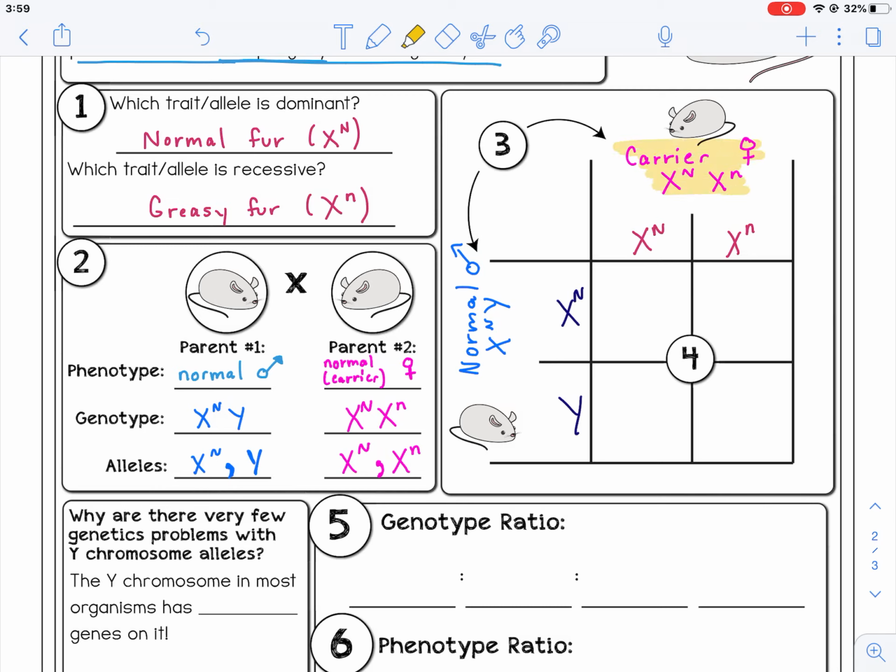I'm just going to highlight the title on the sides so that you don't get confused about what's in the actual Punnett square.